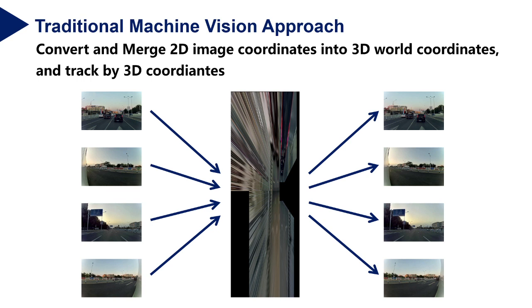First, through the perspective transformation method, each camera image is converted into a top view, and then the small top views are obtained, cut, and stitched into a big, large, complete top view of the road.